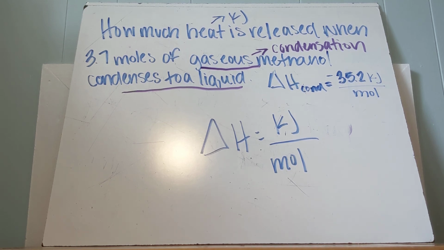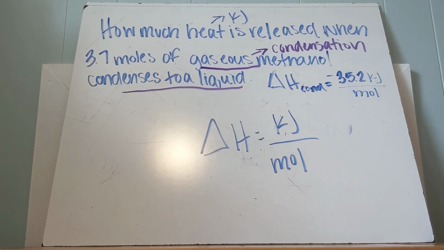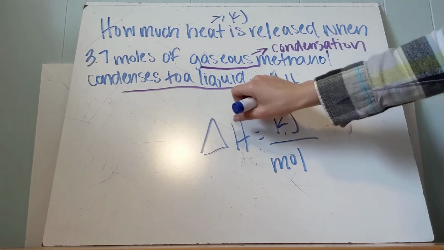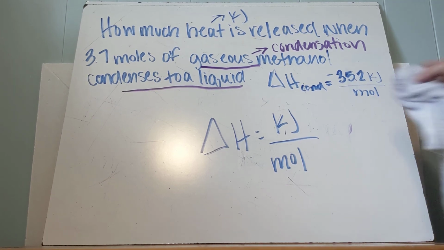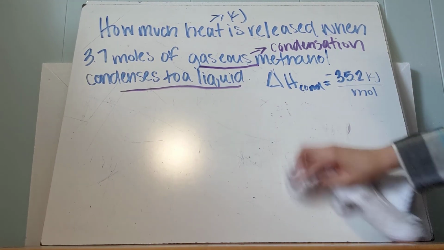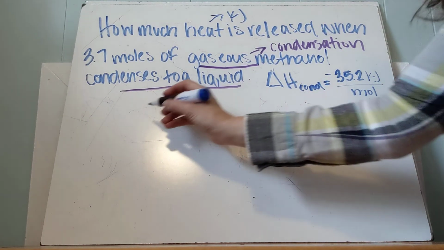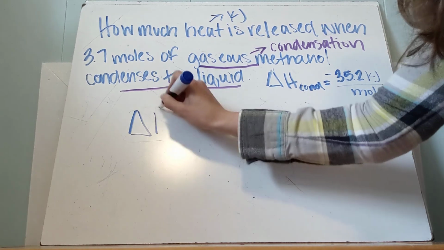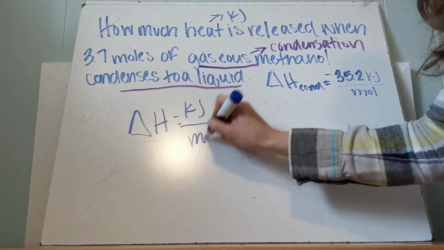So in this case, we are looking for kilojoules, heat. So I'm going to set up my formula so that I have kilojoules equals. And I'm going to erase this real fast so that my problem is a little bit easier to work with. Alright, so I have delta H equals kilojoules over moles.